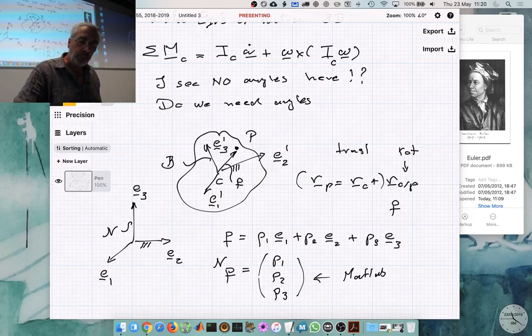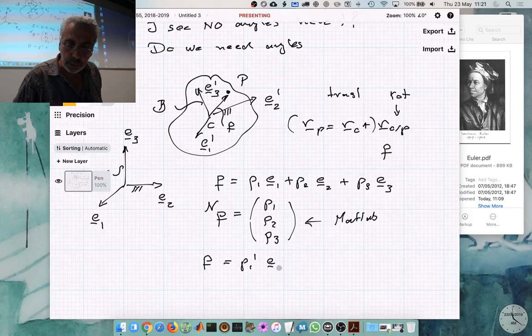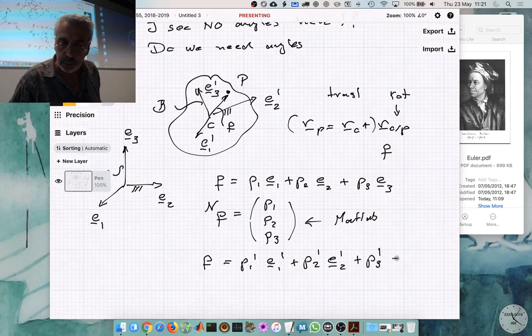Now, what we want to do is express this point p either in this coordinate frame, in the absolute sense, but we can also express it in this body fixed frame. So we can also write for point p, that is p1 accent, e1 accent, plus p2 accent, plus p3 accent, e3 accent. Or in other words, the components expressed in this body frame are p1 prime, p2 prime, and p3 prime.